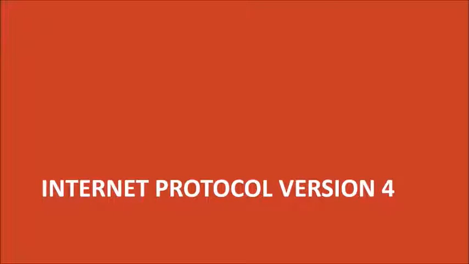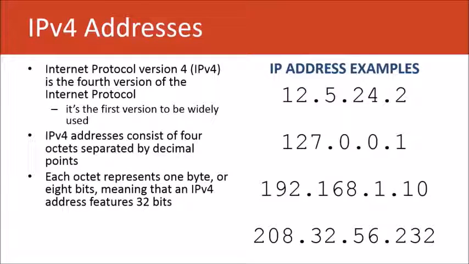All right, so let's talk a little bit more about IPv4. This is the 4th version. That's why it says V4. It's the first version, though, of the IP protocol to be widely used. IP addresses consist of 4 octets. We touched on this briefly in a previous presentation, but it's super important to know.